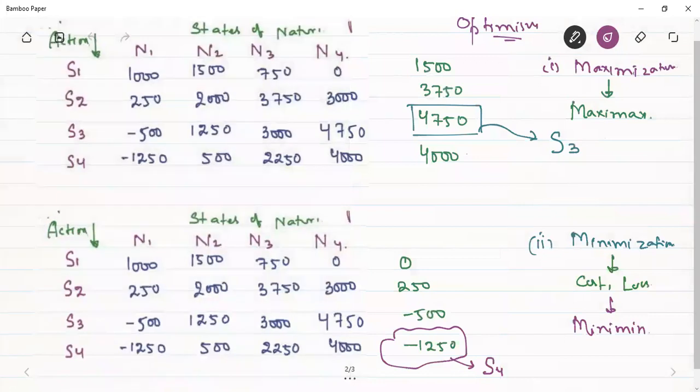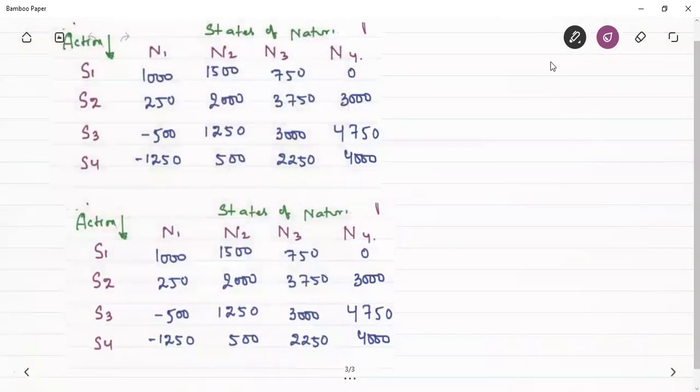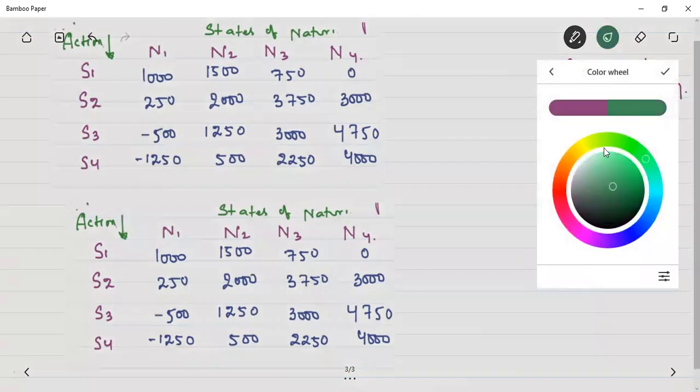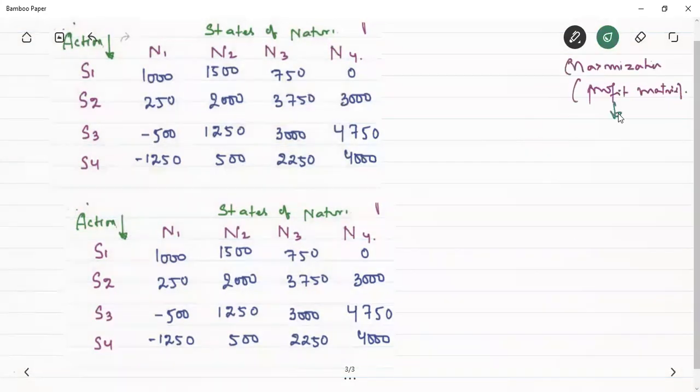So let's first consider this table to be of the maximization matrix. That is, this is the profit matrix. If this is the profit matrix, then the criteria that will be used is Maximin criteria.